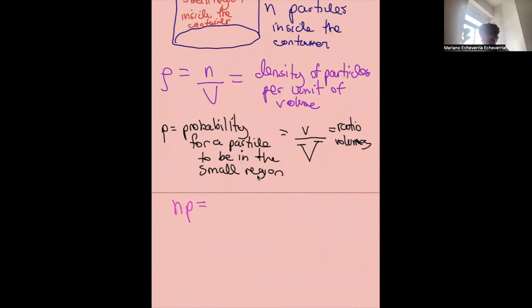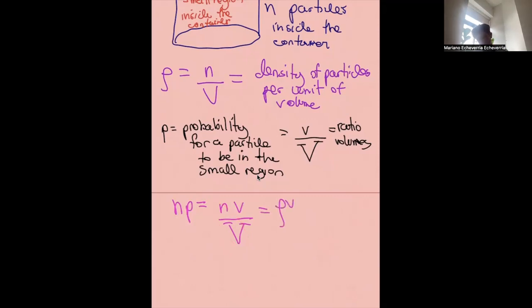N times p would be n times v over V. And n over V is this density rho.